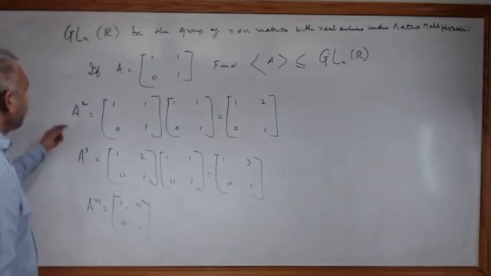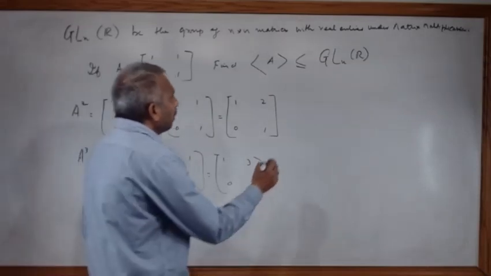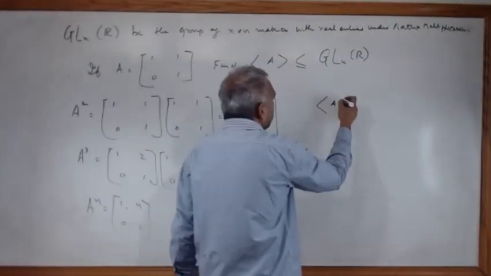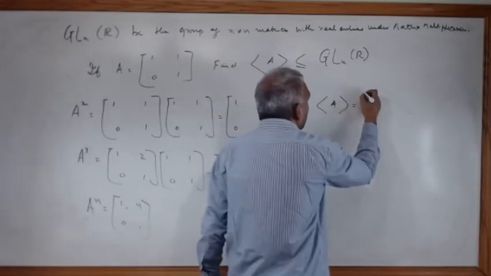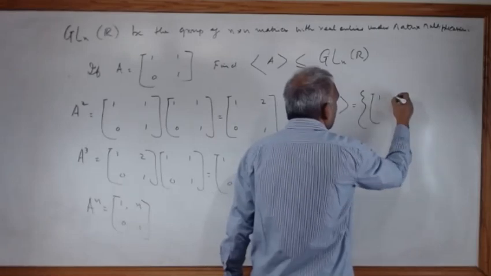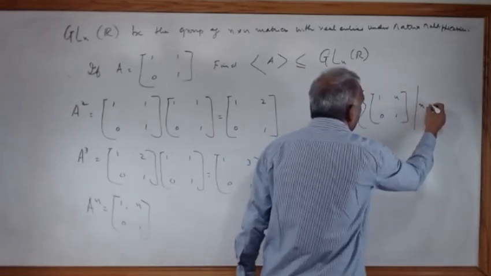So this is how you find the elements of this subgroup. So the elements of the subgroup generated by A is equal to 1, n, 0, 1, n in the integers.